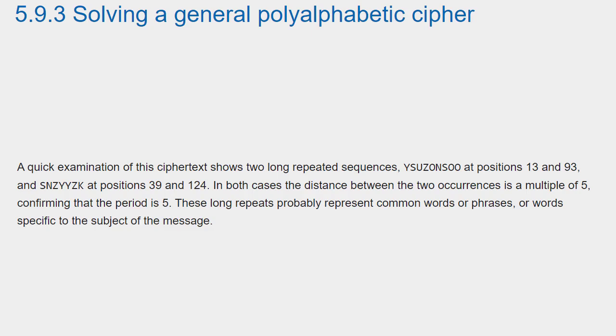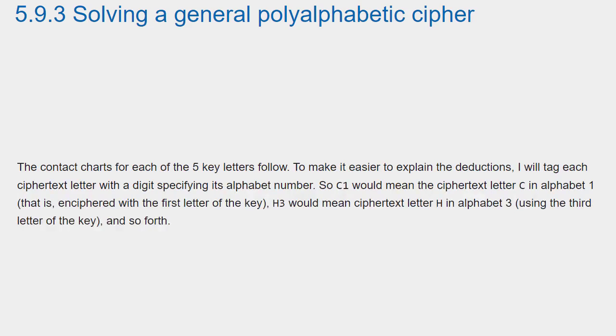In both cases, the distance between the 2 occurrences is a multiple of 5, confirming that the period is 5. These long repeats probably represent common words or phrases, or words specific to the subject of the message. The contact charts for each of the 5 key letters follow.